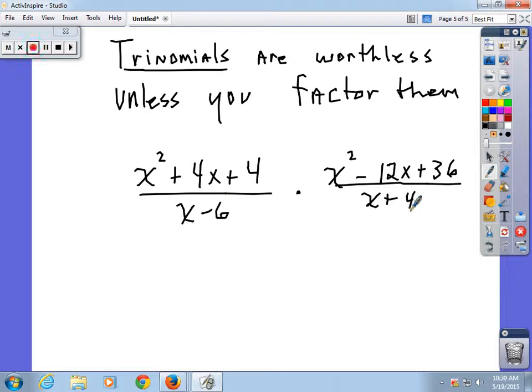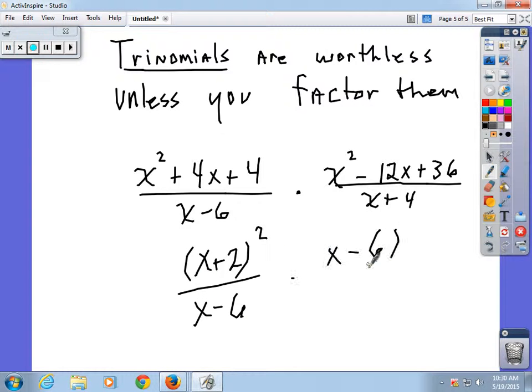Why? Shortcut number 1, shortcut number 2. This is how you should do it. X plus 2, quantity squared, over x minus 6, times x minus 6, quantity squared, over x plus 4.